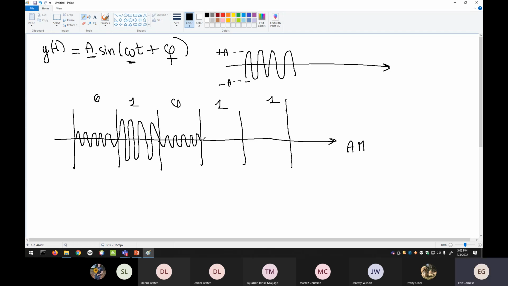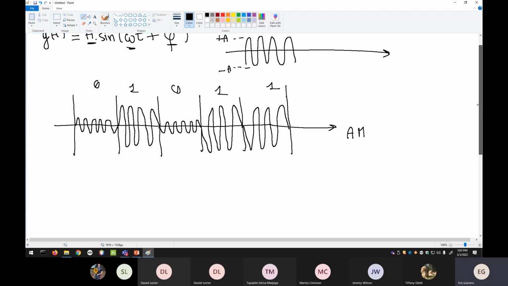Now you want to represent a 1, so you need the high amplitude. And here you are going to keep a 1, so you keep the high amplitude, okay? So that is amplitude modulation. We are changing the A here.